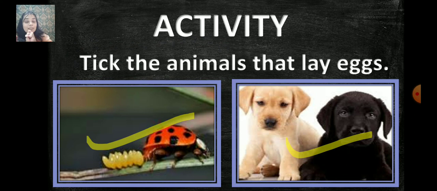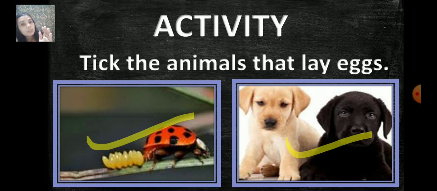So what did we learn today? So we learned what is reproduction, and why do animals reproduce? To keep the life continuing on the earth, so that life on earth will continue.